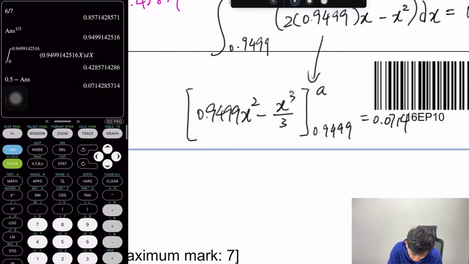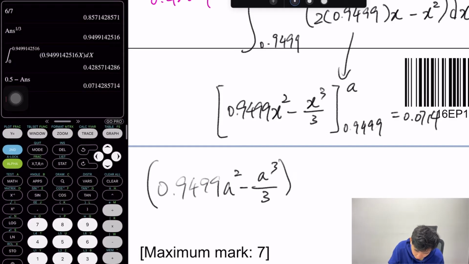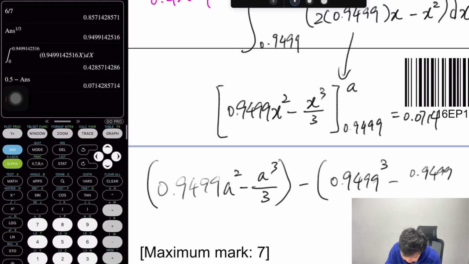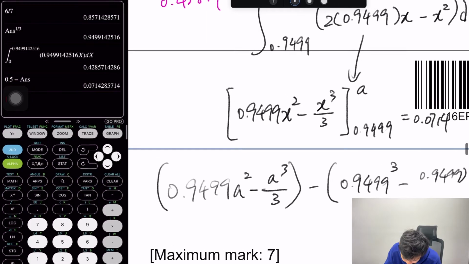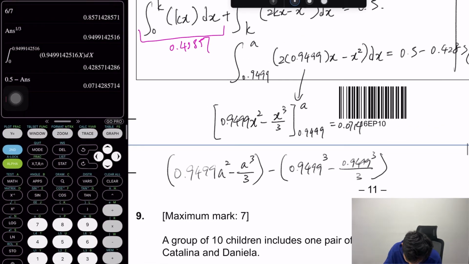So we can input the 0.9499 a squared minus a cubed over 3, and then minus the 0.9499, that's actually to the power of 3 already, minus 0.9499 to the power of 3, and then divided by 3, and then make it equal to 0.0714, okay?